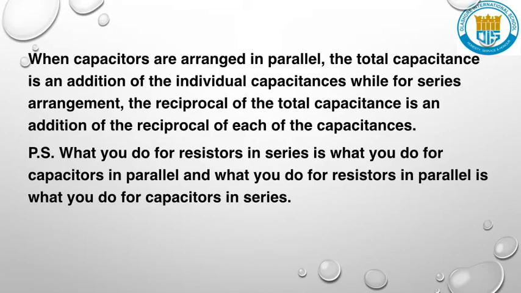In such an arrangement, the total capacitance is an addition of the individual capacitances. So if you have capacitors arranged in parallel and you're looking for the total, you just need to add the capacitances of the individual capacitors together.